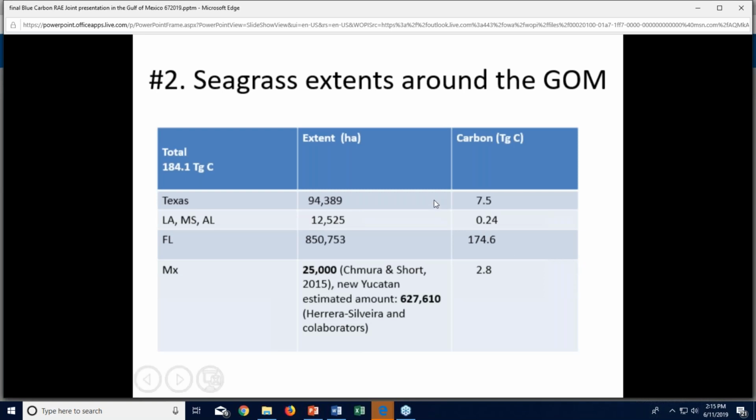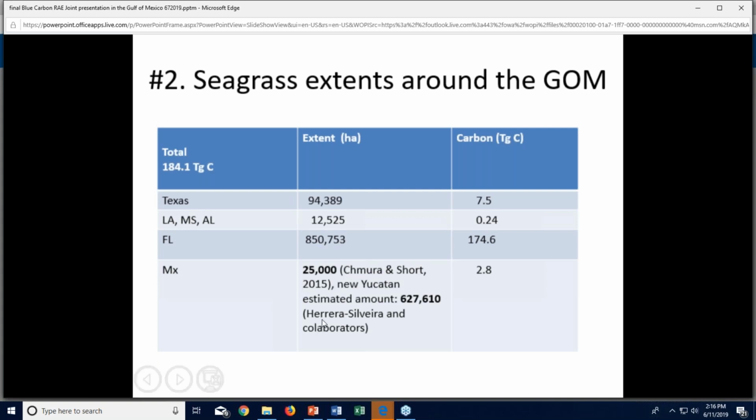And what we have in the extents of the seagrass around the Gulf of Mexico is about 94,000 hectares in Texas and about 12,000 in combined Louisiana, Mississippi, and Alabama estuaries, and Florida, which has two shelf extents at the Big Bend as well as on the Florida shelf extending out into the GOM, is about 850 hectares, and Mexico, according to Chamorro and Short, is about 25,000.